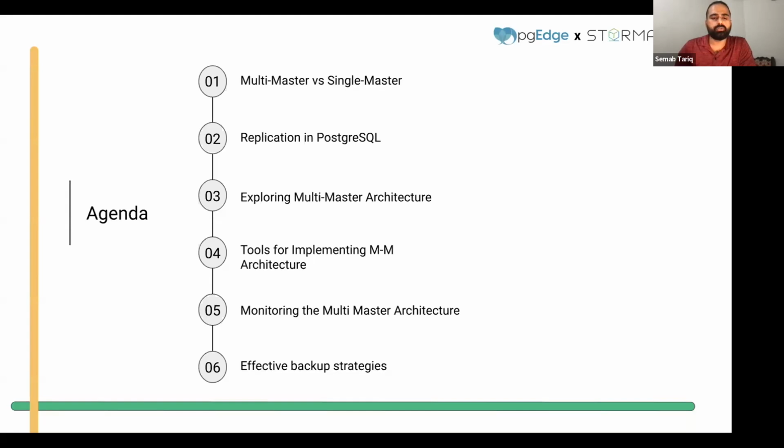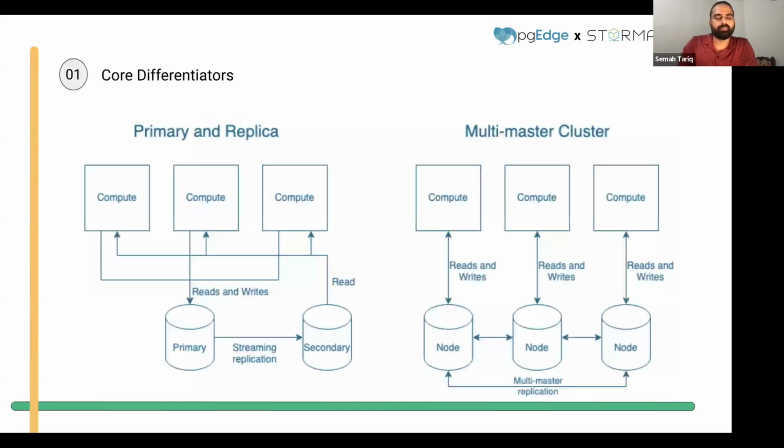Then we are going to talk about some tools that can help to monitor and implement multi-master architectures. And finally, we will conclude our presentation by mentioning a couple of effective best practices or strategies for taking backups. So yeah, let's get started.